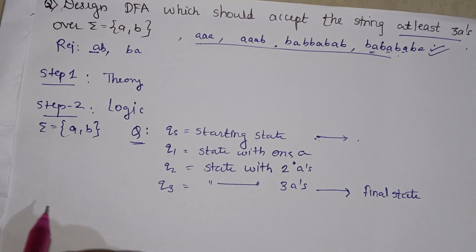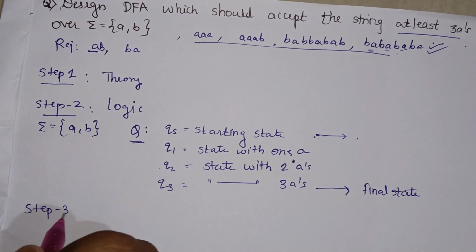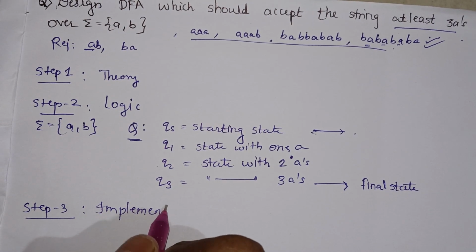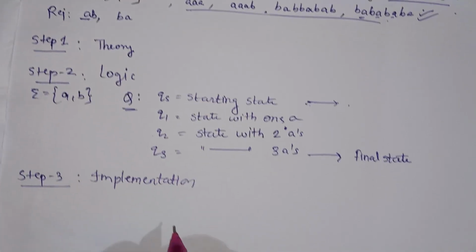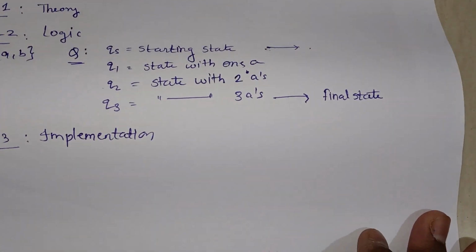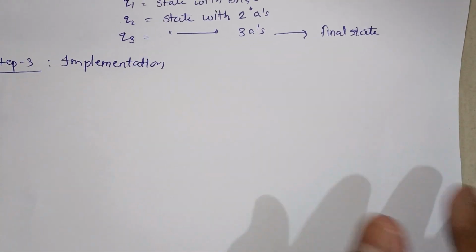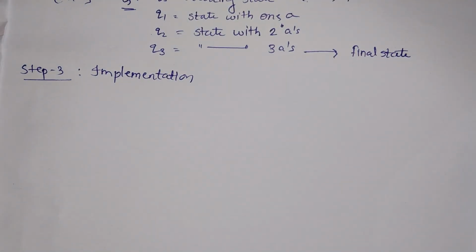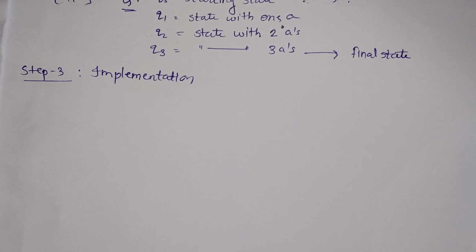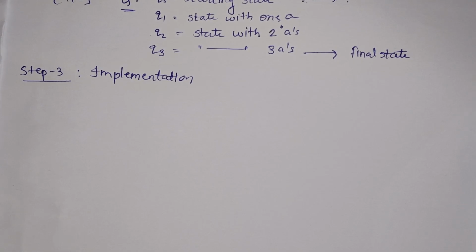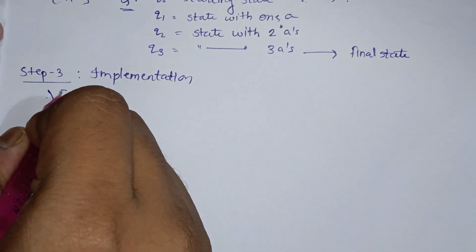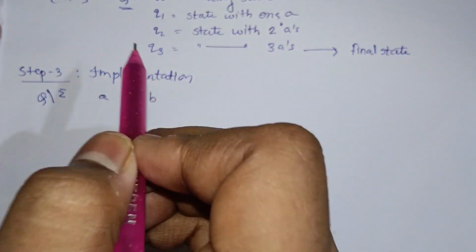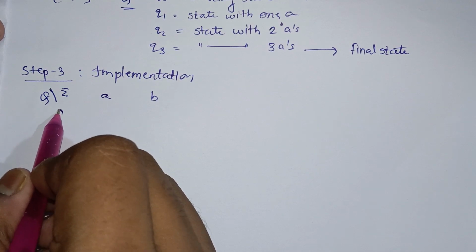Okay, so our step 3 is implementation. In DFA we have to make only a state function table, with inputs a, b and the states.